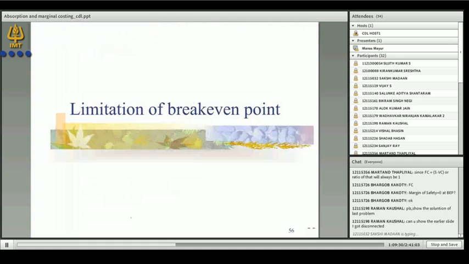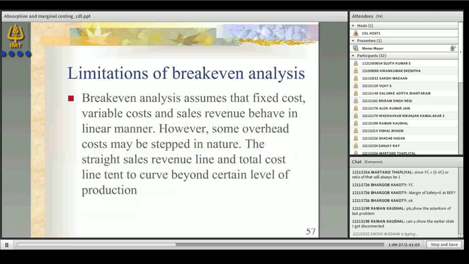Like any analysis, it is also prone to errors, prone to limitations. Break-even analysis assumes the fixed cost, variable cost and sales revenue to behave in a linear manner, which in the real world does not happen. Some overhead costs may be stepped in nature.